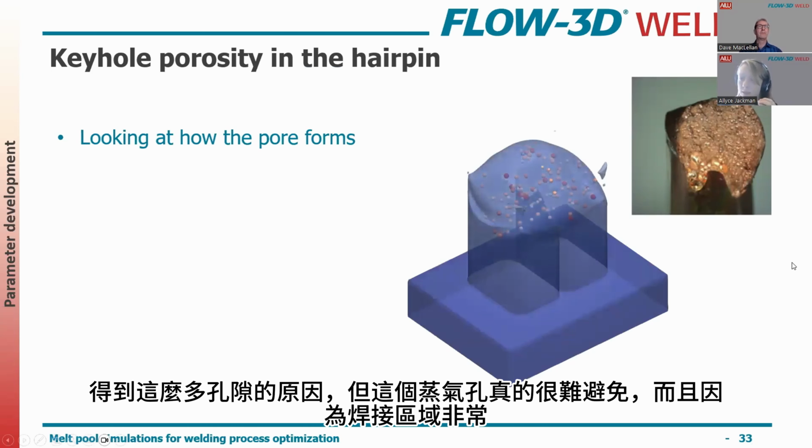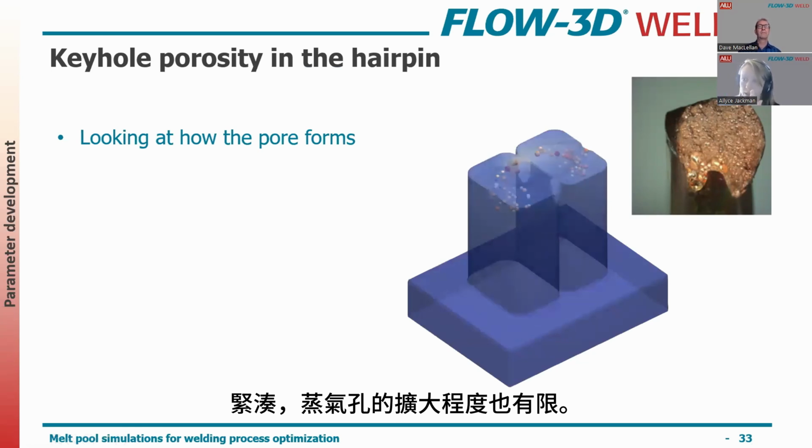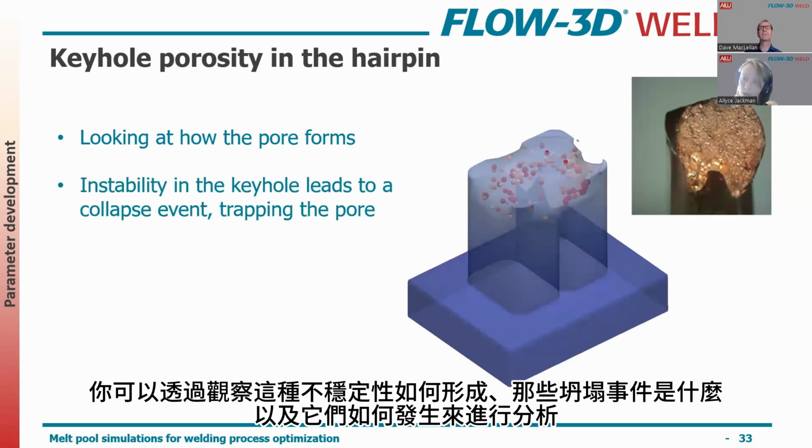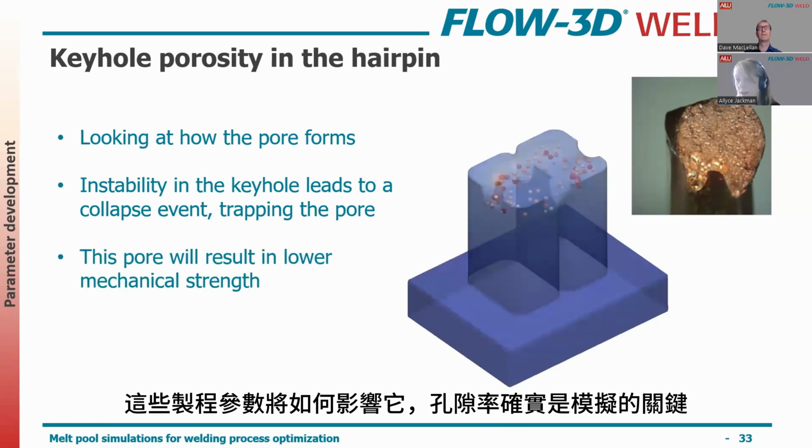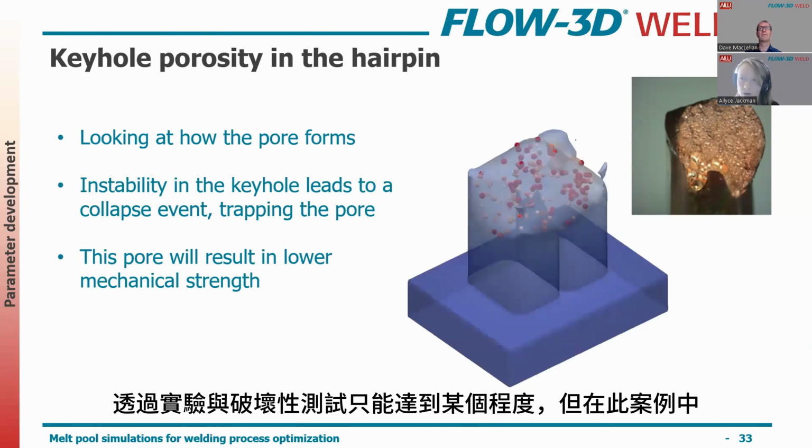And because it's such a tight area that you're welding, there's only so much widening of the keyhole that you can do. So looking at how this instability forms, what are those collapse events, and how the process parameters are going to affect that porosity is really the key to the simulation. You can only get so far with those experiments and the destructive testing.